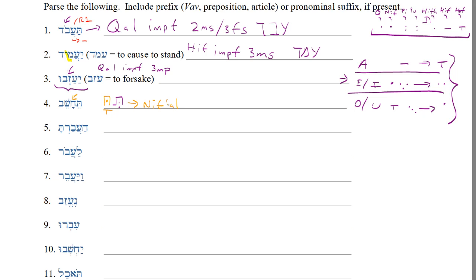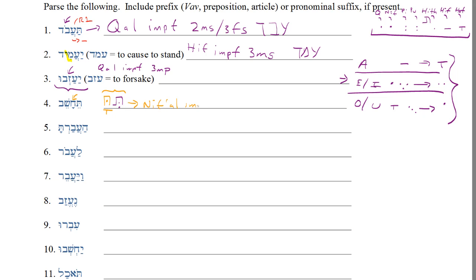So we have a nifal stem here. Nifal imperfect originally looked like this. The guttural rejected the dagesh forte and lengthened the vowel from a hirik to its tseri. So when we see a tseri underneath a prefix consonant, and then we see a qamets as the R1 vowel, we're looking at a nifal imperfect.